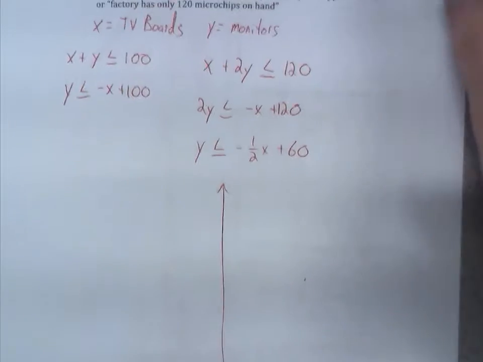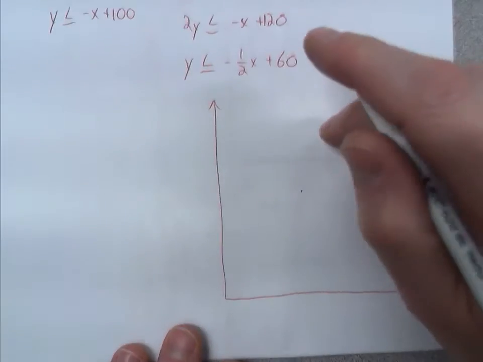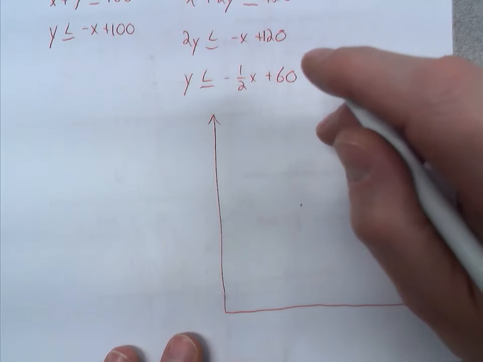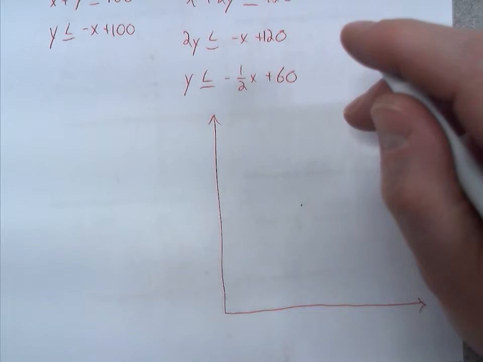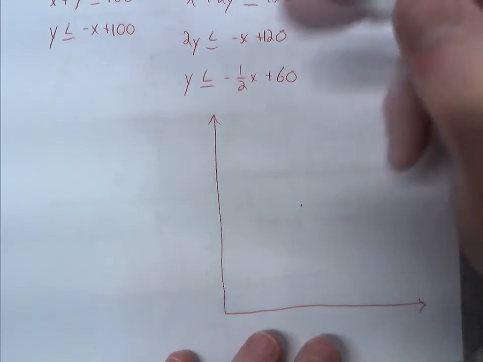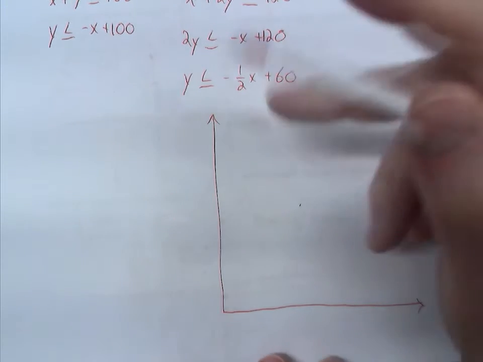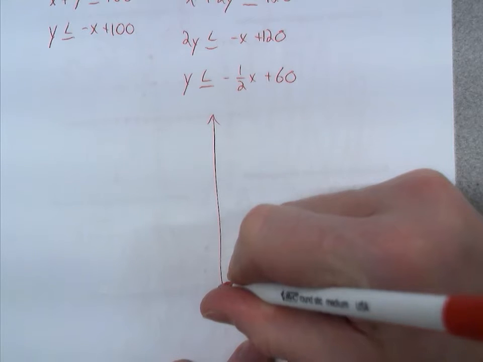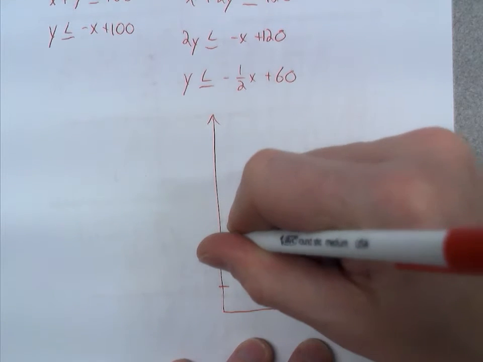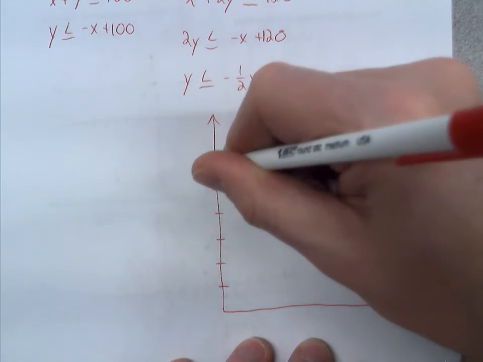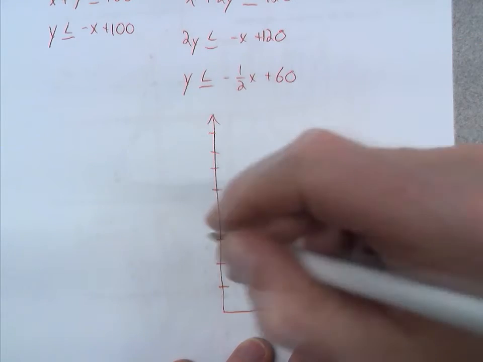pull this up so we can see here. We can go up by different values just to simplify, since this one has a y-intercept of 100 and this has a y-intercept of 60. We're just going to pretend like we've started at some higher spot.